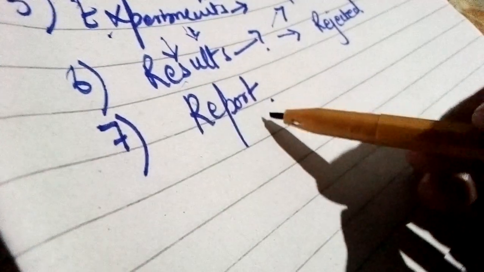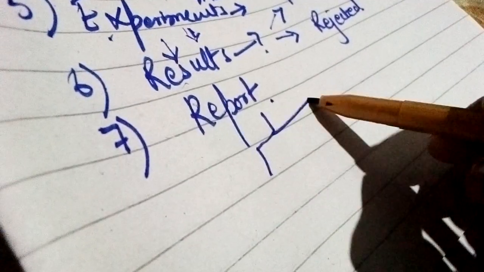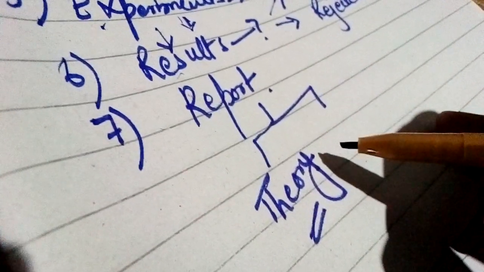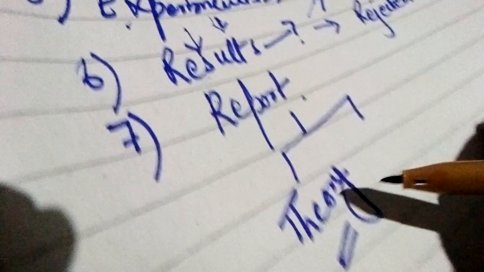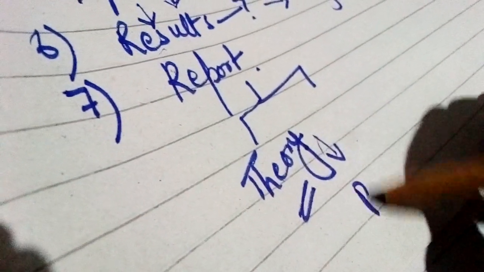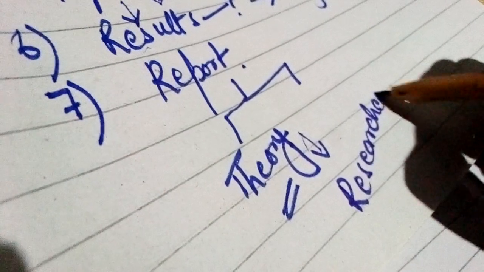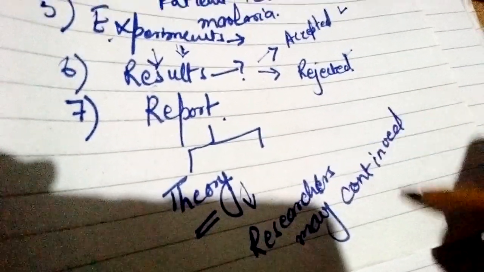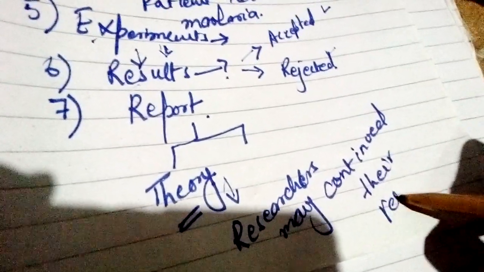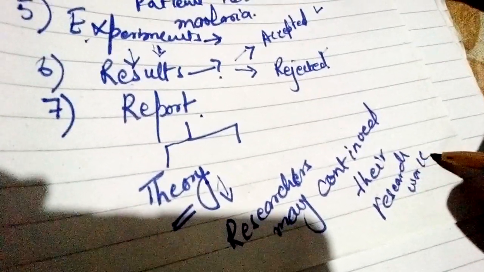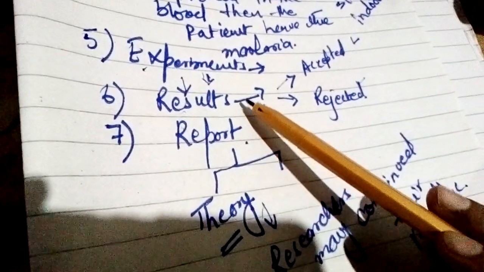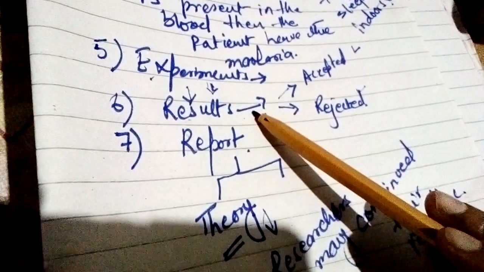When we report, two things happen. Either it will make a theory on the basis of which further researchers may continue their research work, if the results are going in the side of the hypothesis.